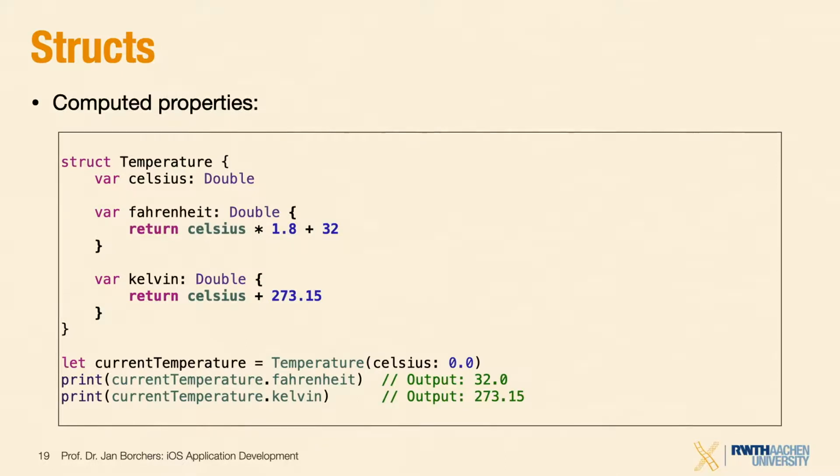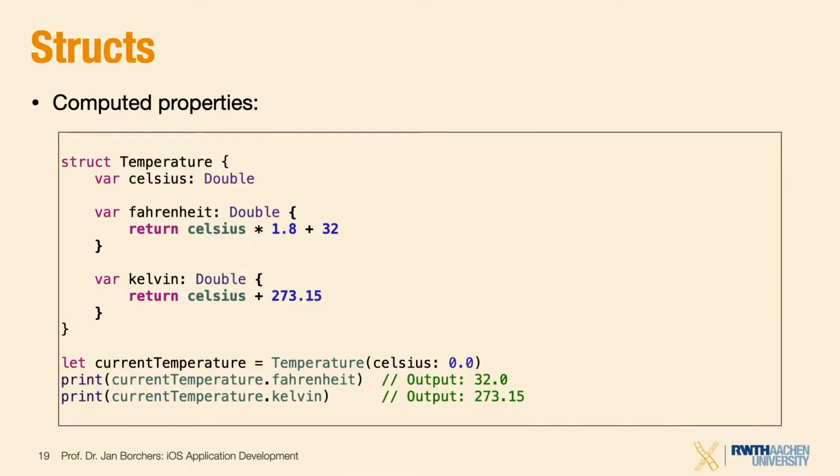Well, it's Fahrenheit: Double, and then comes a curly brace, which is kind of like, huh? After a property value. But that basically means that this value is not stored. It's computed using this expression every time somebody asks about it. So obviously, you can't set it, right? You can't change that value, but you can ask for it at any time.